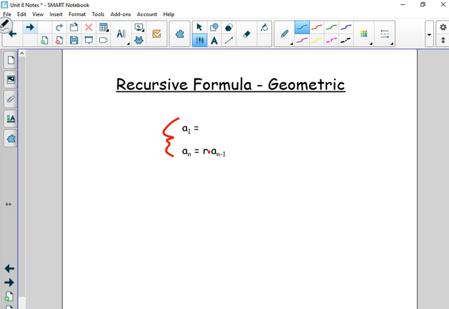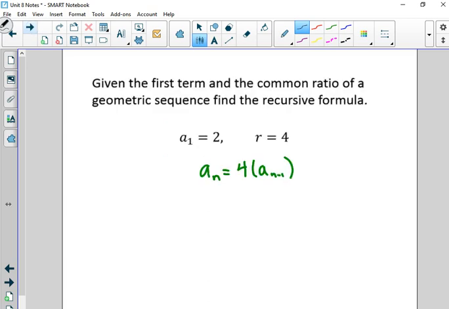So basically, this is what your formula looks like. You need to know what your A1 is. That's going to be a number, whatever that number is. And then the formula is going to be like so. That's your recursive formula. So now we're going to apply that. Given the first term and the common ratio, find the recursive formula.